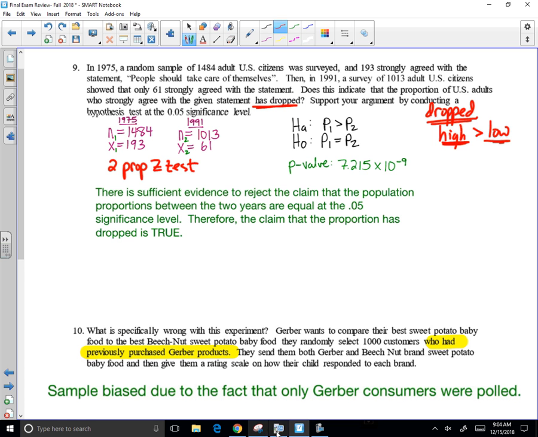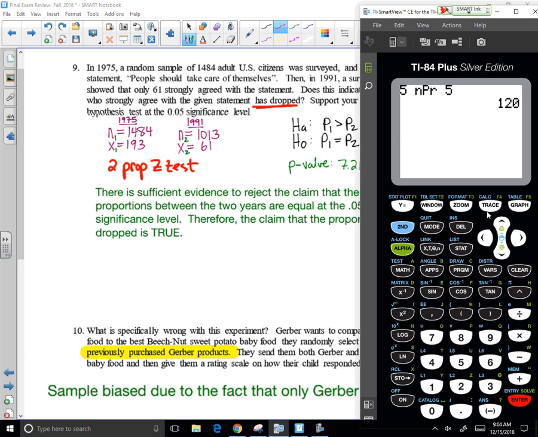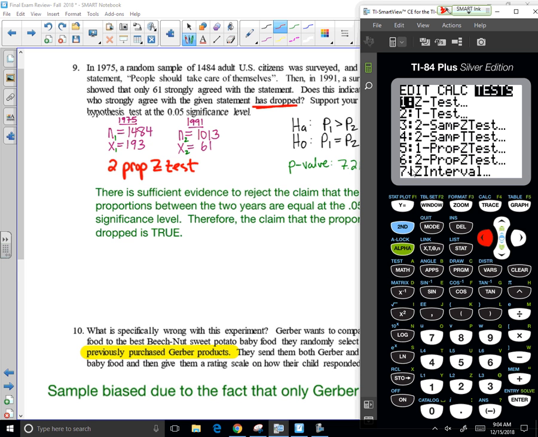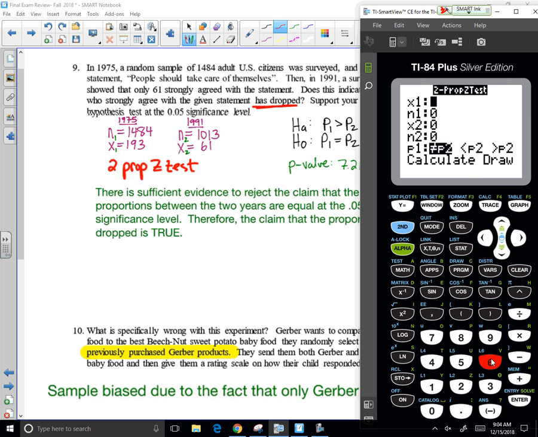So once you have that idea in mind, you go to your calculator, your stat tests, option 6, and you see that it's structured the way we need it to be. Type in your 193, the 1484, the 61, 1013, and then a greater than, and then do your calculation.